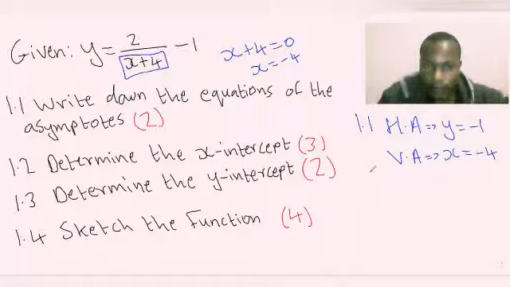Let's move on to 1.2, which wants us to determine the x-intercept. This is a 3-mark question. I'll move on to the next page and write out the question as well. Let me use the red marker there, 1.2.